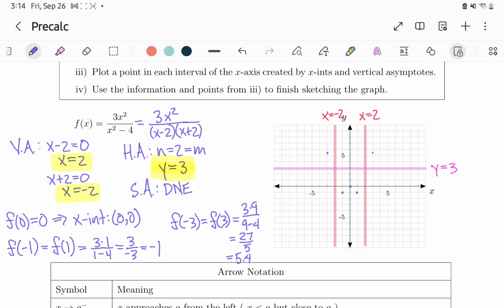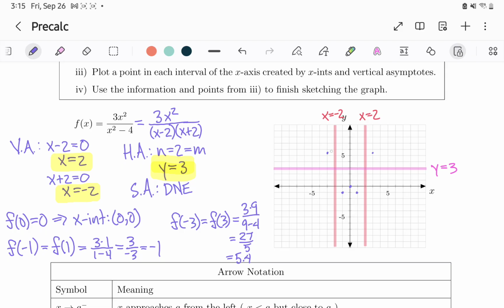All right, and from here, we'll connect our points in a smooth fashion, and I realize there's really nothing to connect to the left and to the right of our first vertical asymptote and second vertical asymptote respectively.